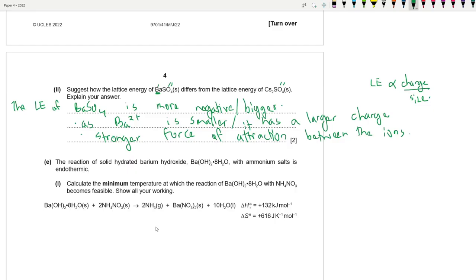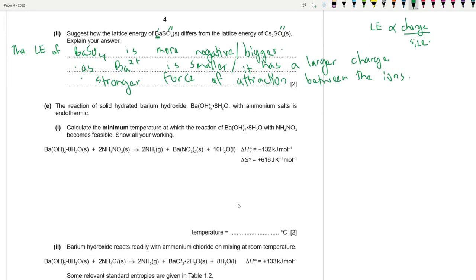The reaction of solid hydrated barium hydroxide with ammonium salts is endothermic. Calculate the minimum temperature at which the reaction becomes feasible. So remember guys, a reaction becomes feasible when del G is 0, okay? And if it turns negative, it is feasible, but the moment it turns 0, it's at the edge of being feasible. Could I clarify? So what's the formula? It's del G is equal to del H minus T del S, right?